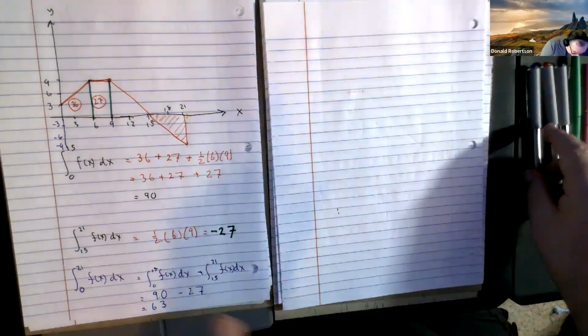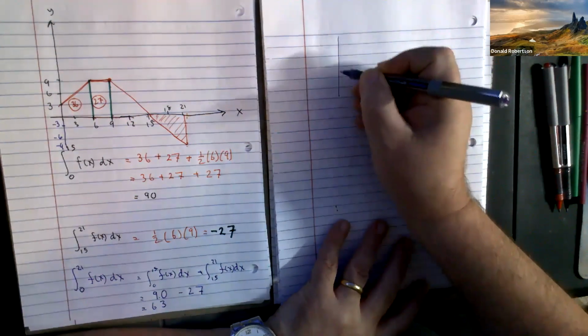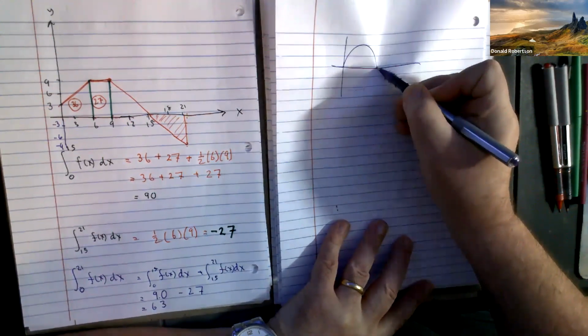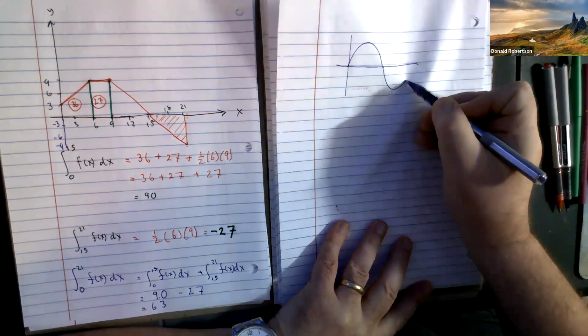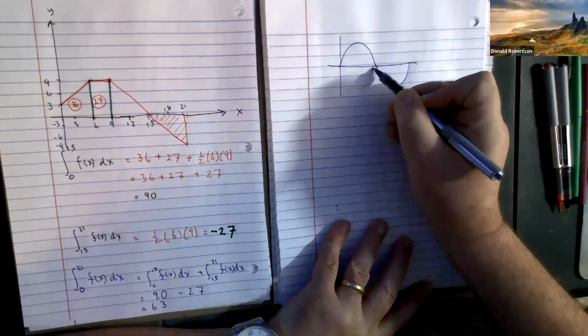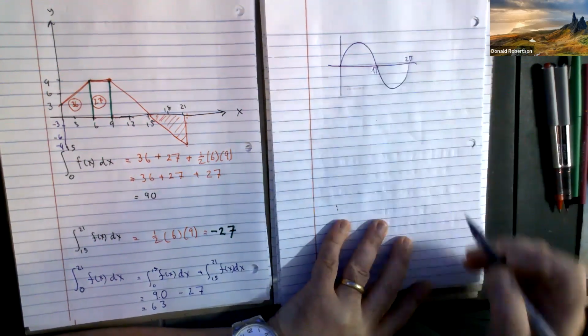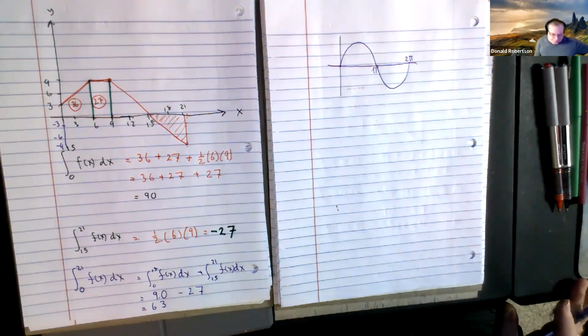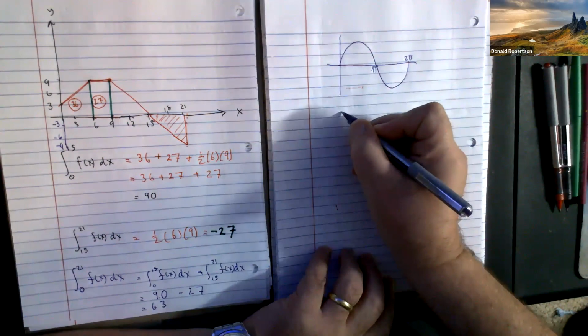Now, imagine I gave you a curve that looked like this. And can we pretend that I'm really good at drawing the sine function, which is what that's meant to be?